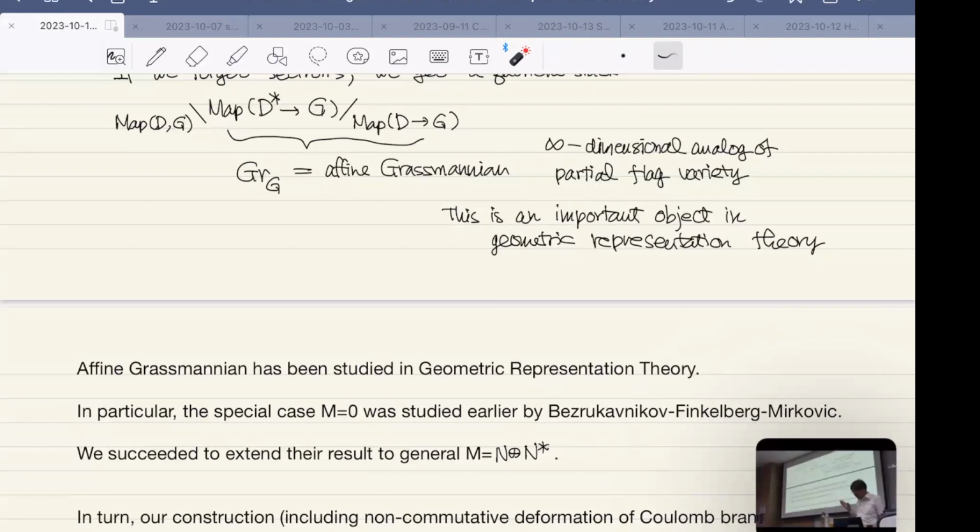And one of the important checks of the correctness of this definition is the monopole formula. So this was one of the motivations for this construction, and in particular, you can check that our definition recovers the monopole formula.